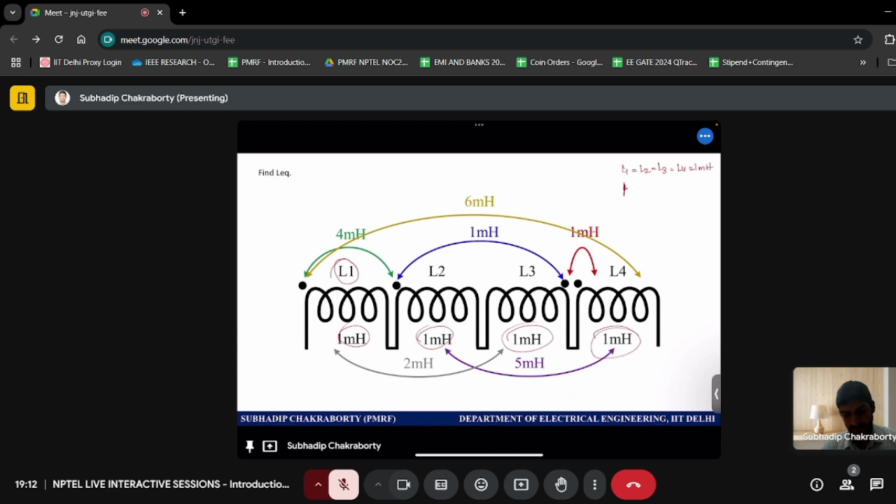Now the mutual inductances: the coupling between coil 1 and 2, coil 2 and 3, coil 3 and 4, coil 1 and 4, coil 1 and 3, as well as coil 2 and 4. Right. So I can see 6 of them.